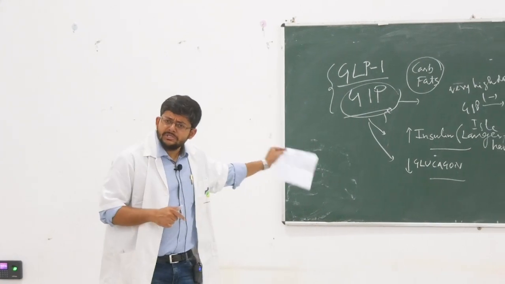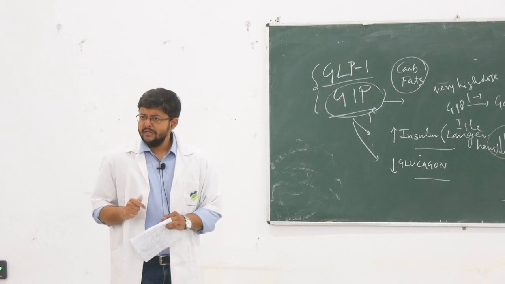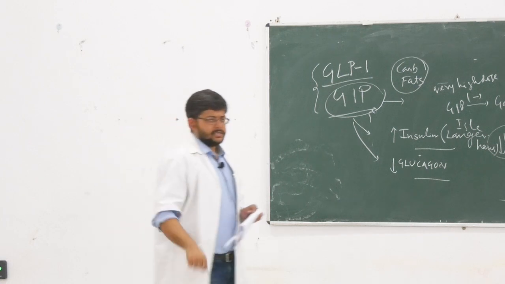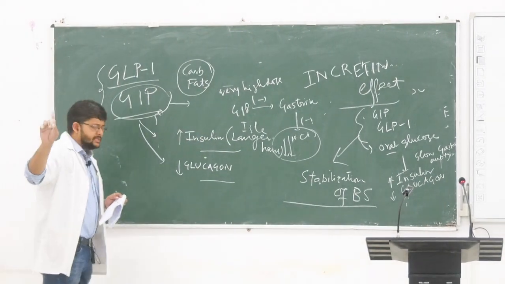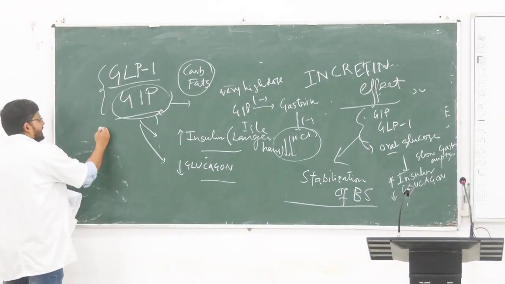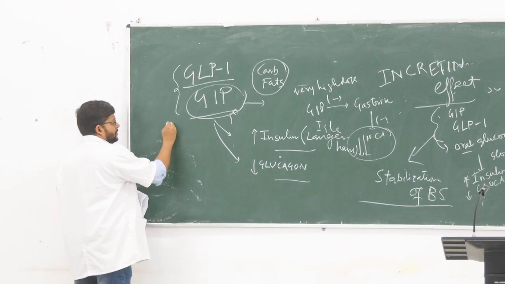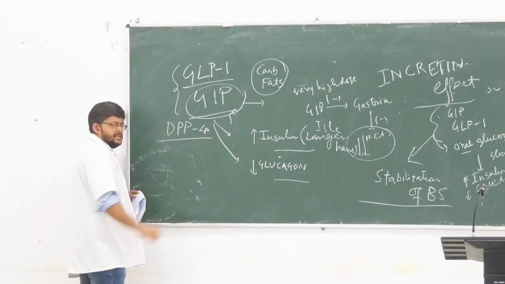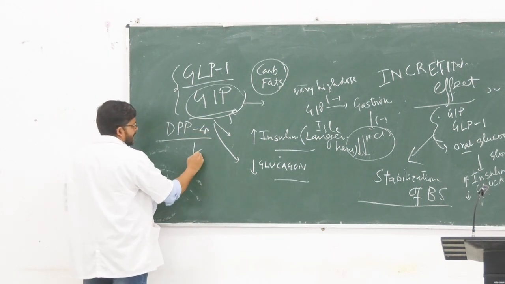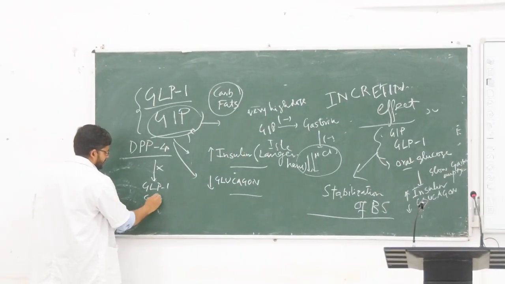Do we use this GLP1 and GIP in day to day practice? Yes, we do. But before that, you need to understand that for these incretins GLP1 and GIP, there is an enzyme known as DPP4. This enzyme breaks down GLP1 and GIP.